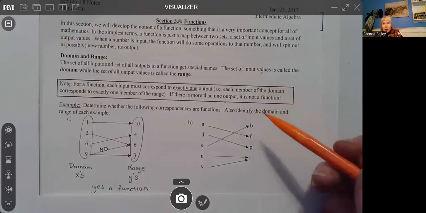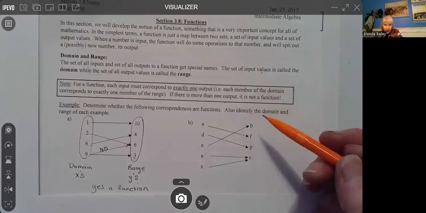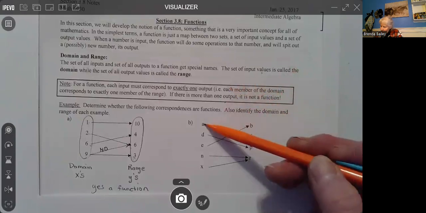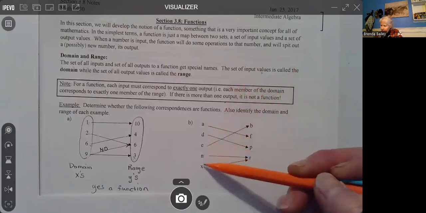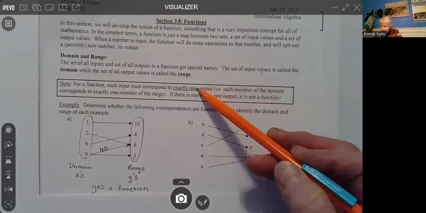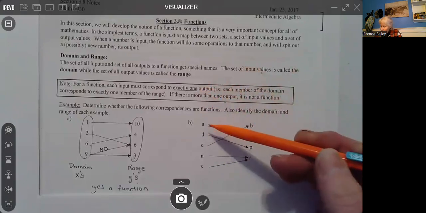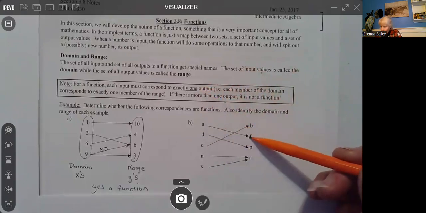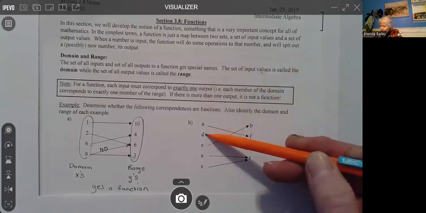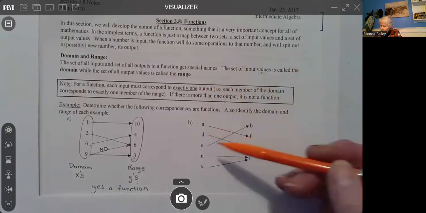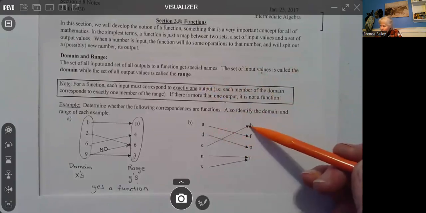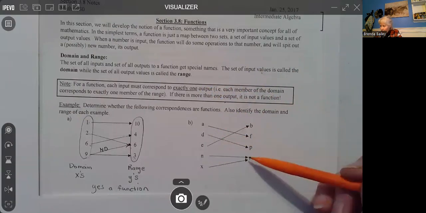Okay, first off, we're going to determine if it's a function or not. So we're going to look at these as individuals and see that they only go to exactly 1 output. So the A just goes to 1. I don't care what it is, it just goes to 1. The D only goes to 1. The E only goes to 1. The N only goes to 1.